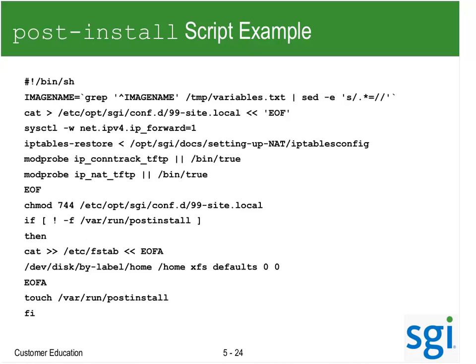Also, this thing here, var run post install, is something I created to know if the image has been imaged already. If I do a get, and I capture an image out there, I do not want to run the same install script on that thing. For example, the next line here says I'm going to append to the fstab. If it's already in fstab, I don't want to append it again.